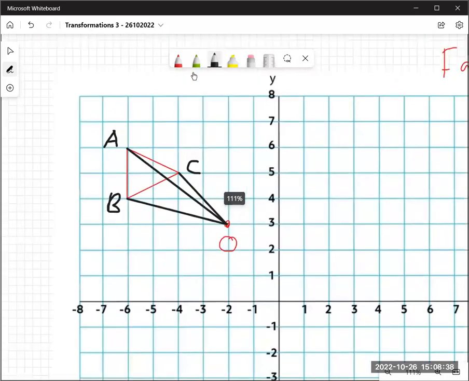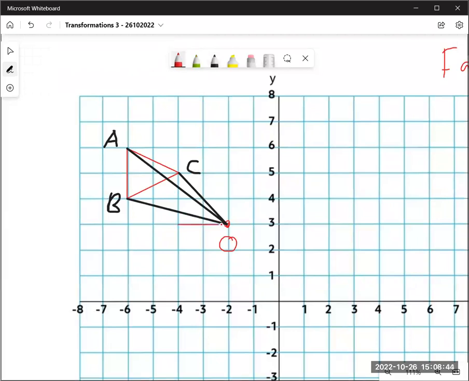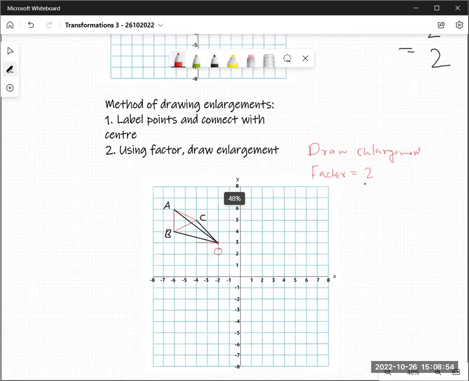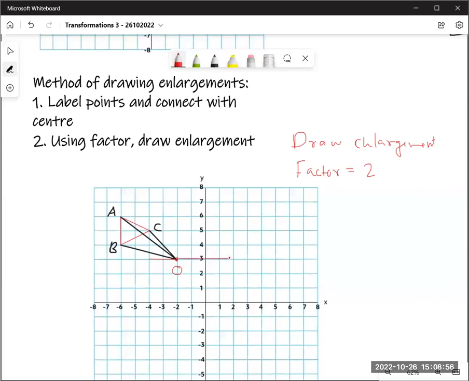Well, all I have to see is, using this point C right here, let's look at the horizontal point. From the center, how many x units is it? X from C from O. 2. Now the factor is 2, right? So over here, I'll take 4.